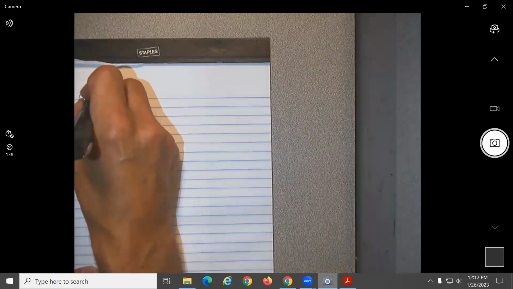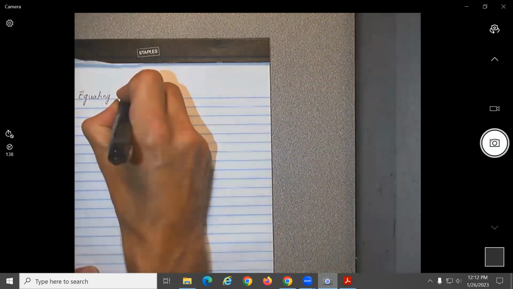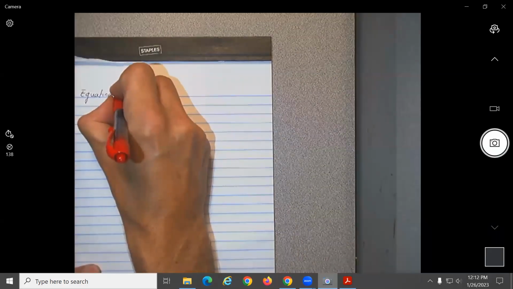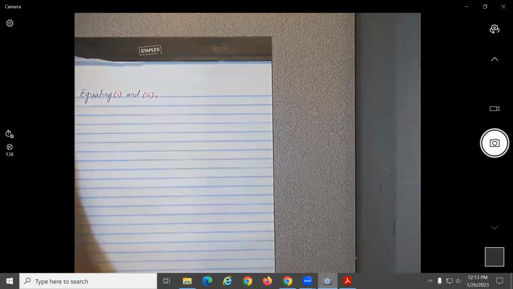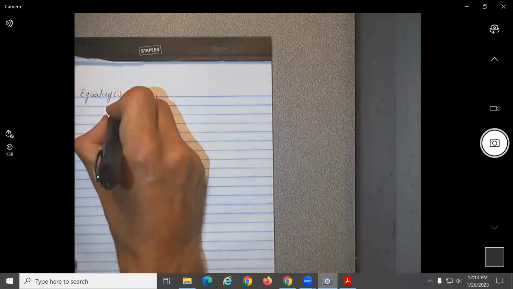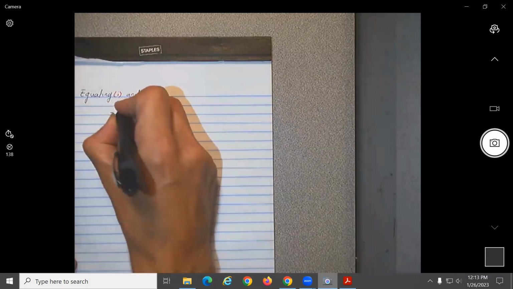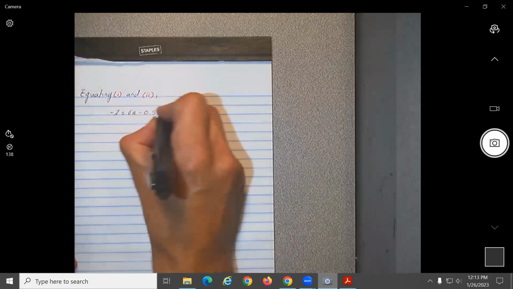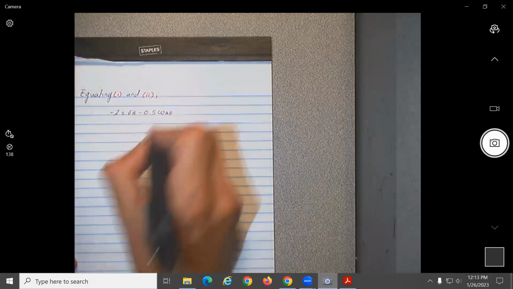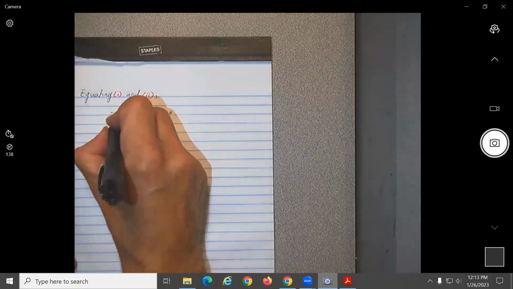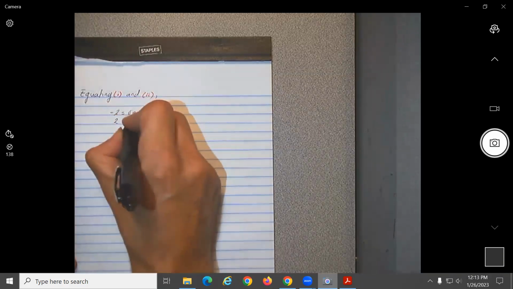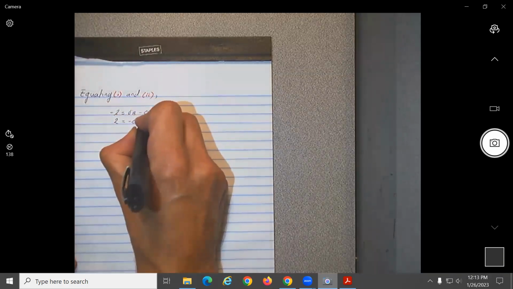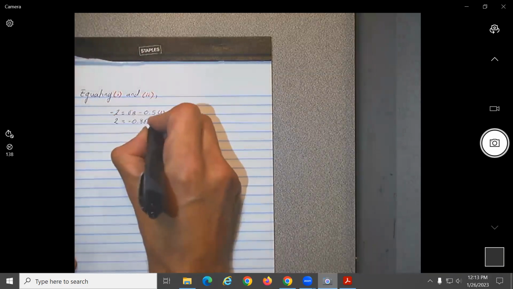So equating one and two, what do we have? Negative 2 will be equal to VB minus 0.5 omega AB, and 2 will be equal to negative 8.666 omega AB.